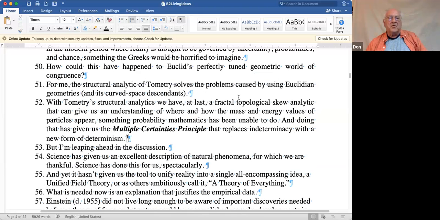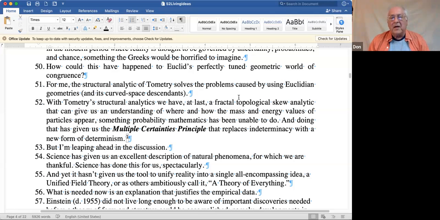For me, the structural analytic of Tometry solves that problem caused by using Euclidean geometries and its curved-space descendants. With Tometry, the structural analytics, we have, at last, a fractal topological skew analytic that can give us understanding of where and how the mass and energy values of particles appear.